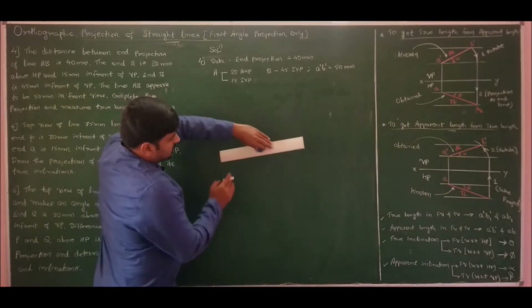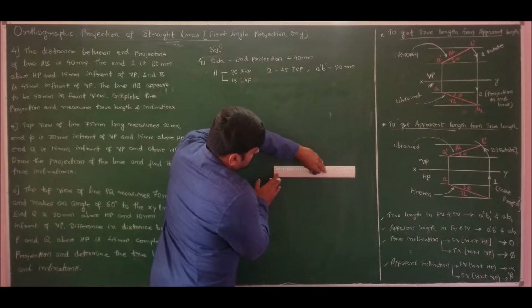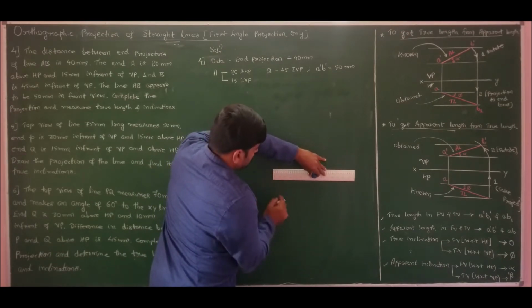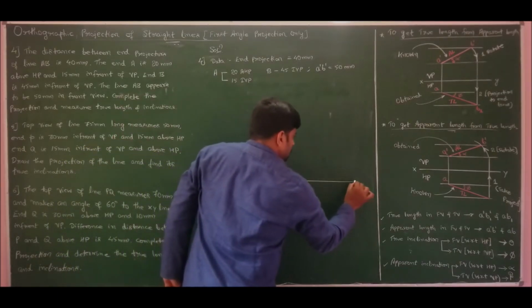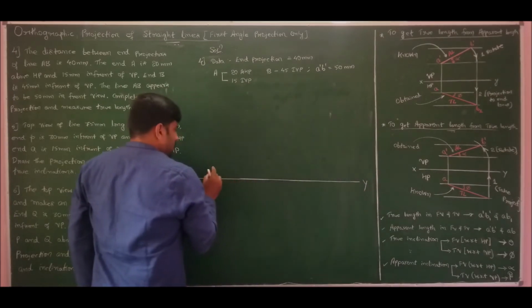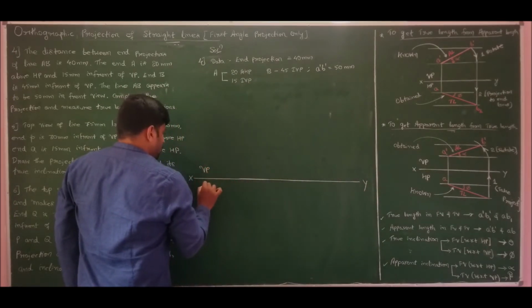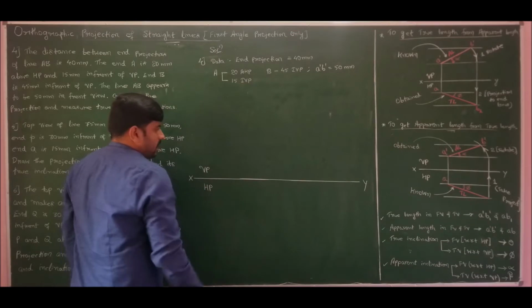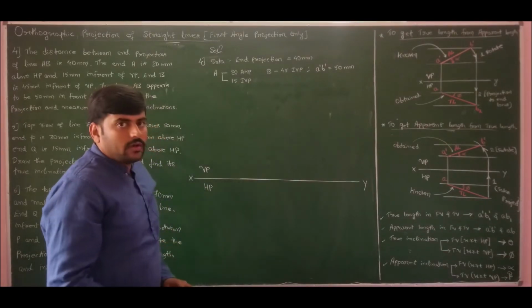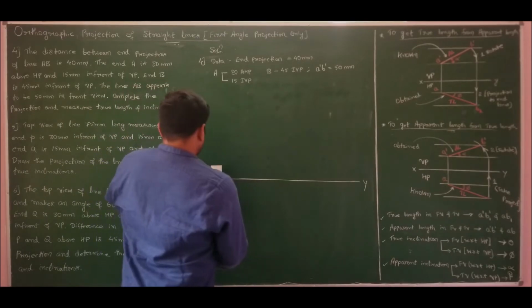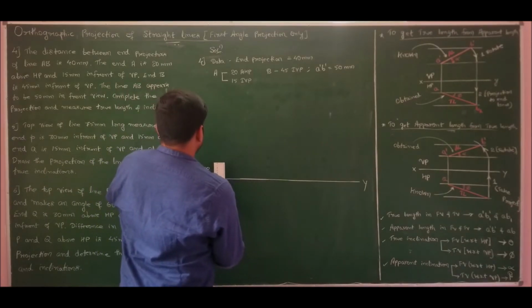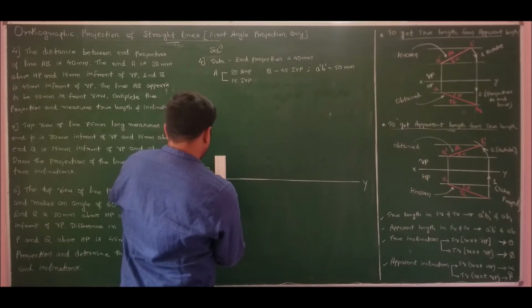So first let us draw the reference line and also lay down the loci that have been mentioned. We have reference plane XY. Above we have VP, below we have HP, because we are discussing only first angle projection. Now marking the locus of ends: end A is 20 mm above HP, so show it in VP.